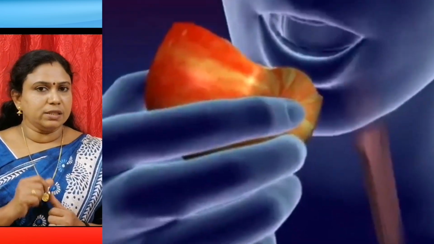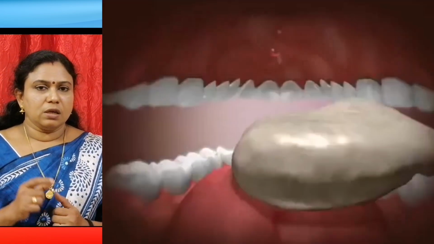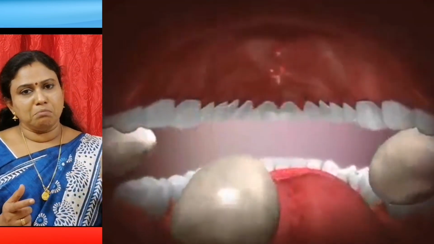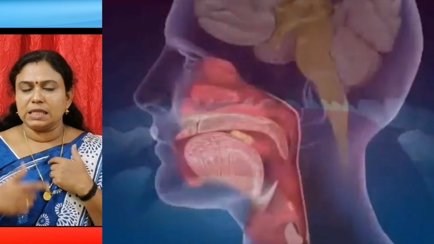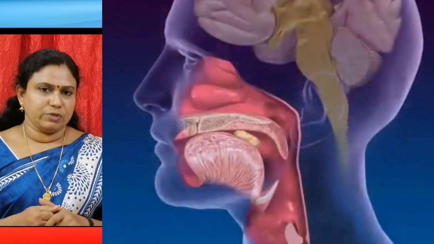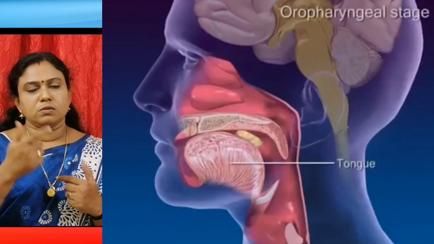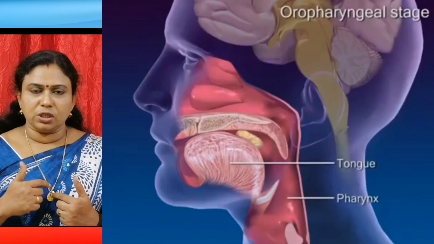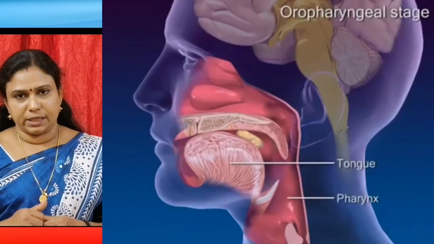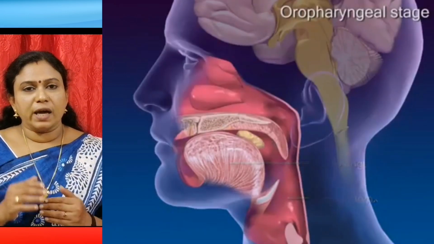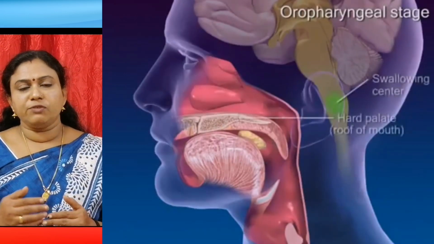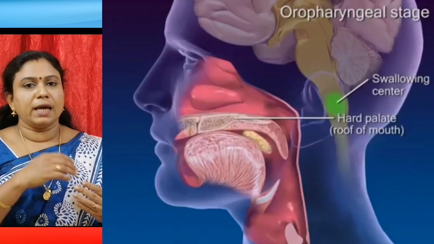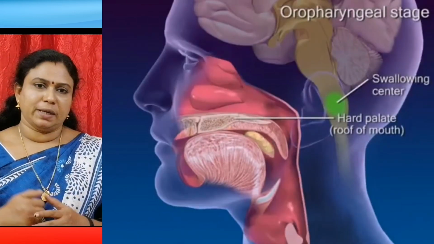As you have studied in the digestive system, you know that the pharynx is the common opening for both the buccal cavity or mouth as well as the nasal cavity. The food comes from the mouth and the air comes from the nasal cavity. Both reach the pharynx. And the pharynx is the place where it differentiates the food into the food pipe and the air into the windpipe.